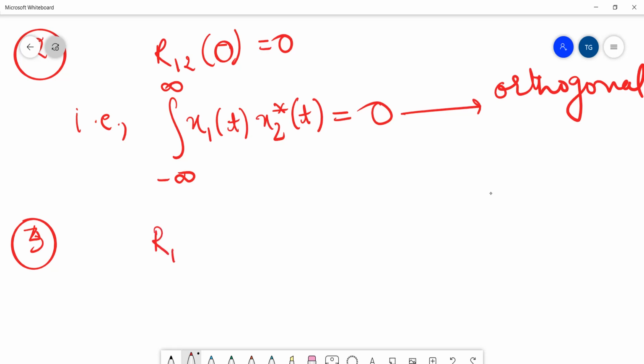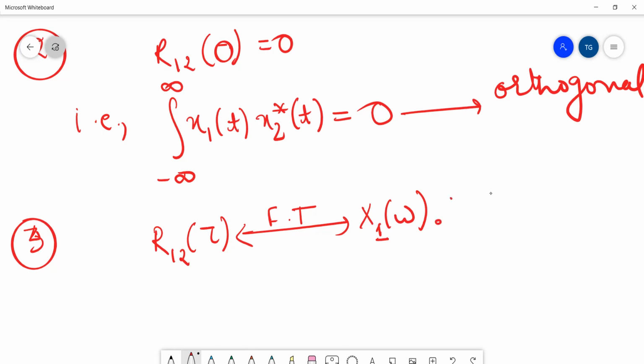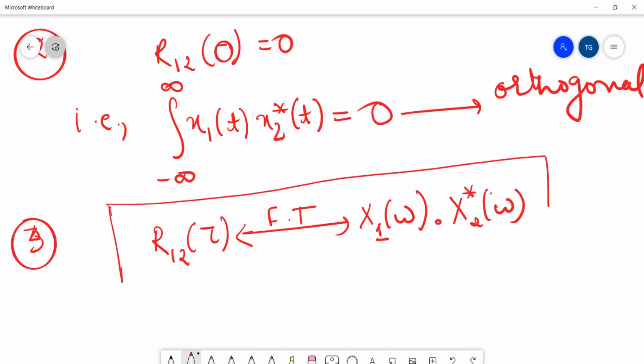That means the Fourier transform of the cross correlation is equal to the Fourier transform of the first signal multiplied by the complex conjugate of the Fourier transform of the second signal. So this is my third property, and this relation is also known as the correlation theorem.